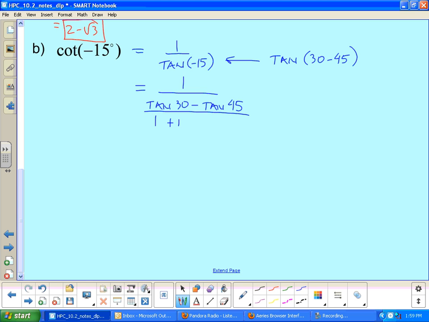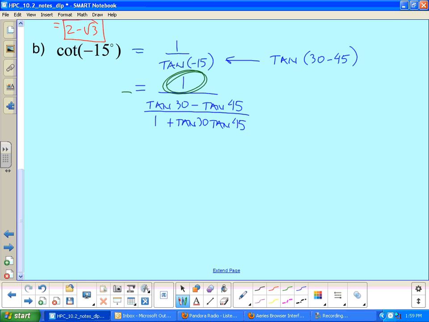over 1 plus tan 30 tan 45. Now, here's what I would do so I don't lose this 1. I see that I've got a 1 over something going on. A 1 over is also a what? What's the name for that? A reciprocal. So what I would rather do, so I don't lose this 1 in the numerator, is just take the denominator value right now and reciprocal that, and start there.